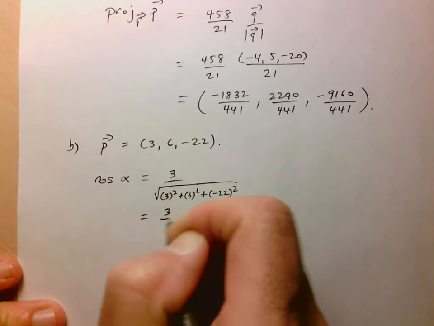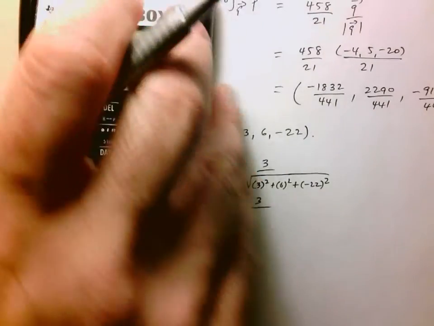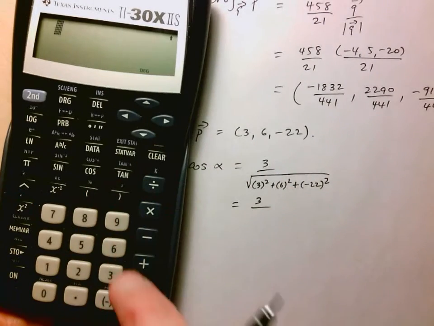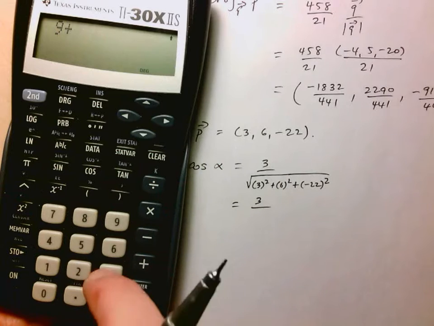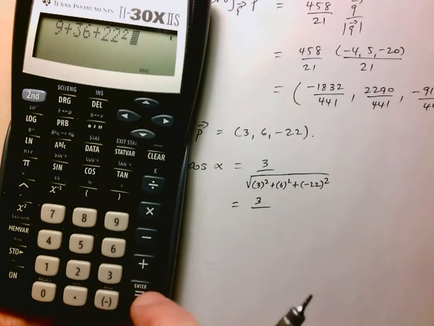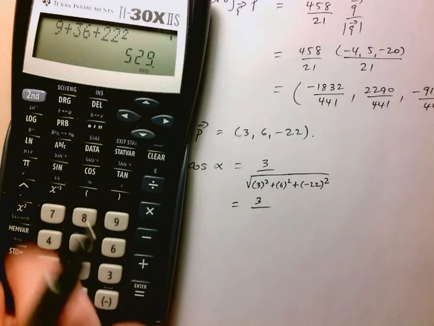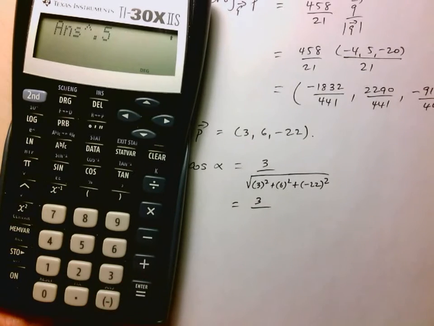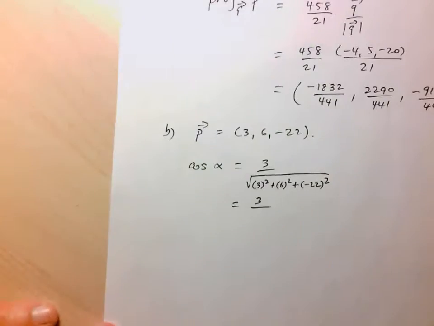So here we have 3 over, let's calculate that, 9 plus 36 plus 22 squared, 529. Let's see if that's a perfect square. Oh yeah, it is, 23. That's nice.